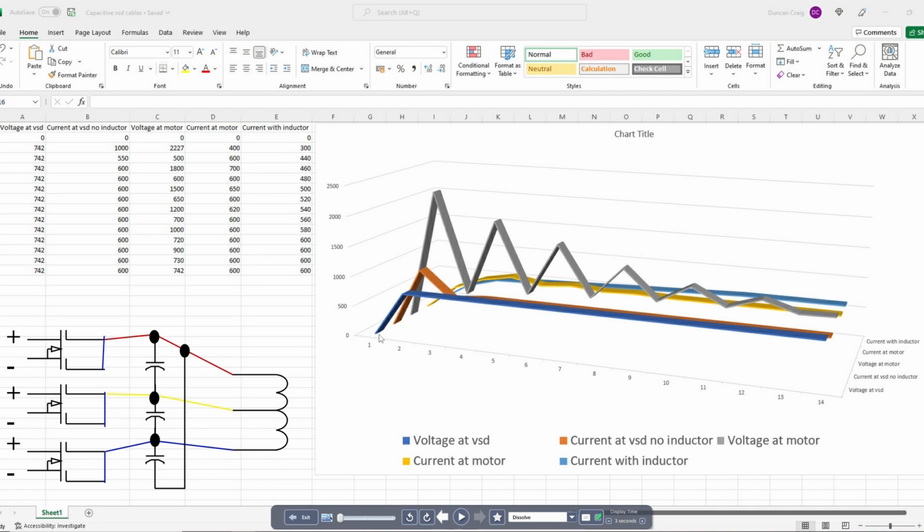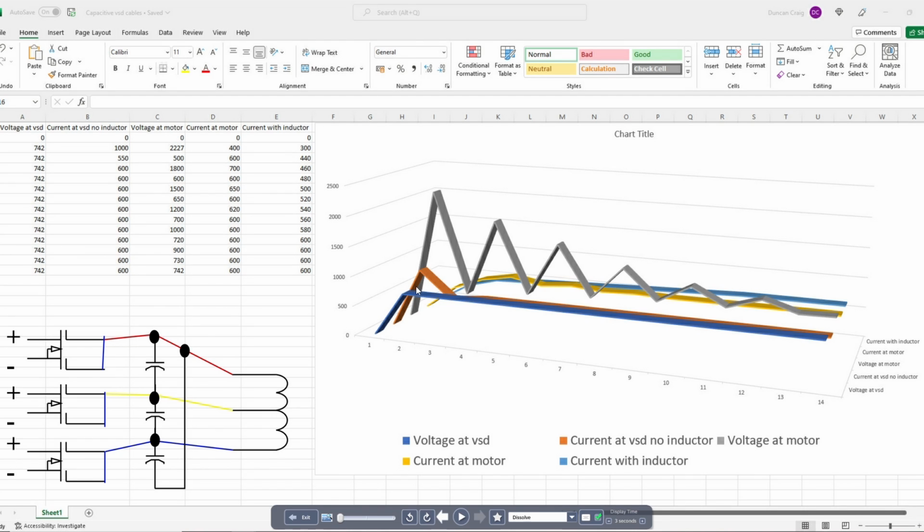Our blue line over here is the output voltage of the VSD when the transistor turns on. Now that period between 1 and 2 is about a microsecond for your average VSD, in which the transistor goes from turned off to a fully conductive state.